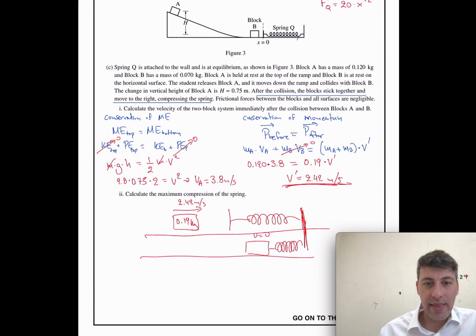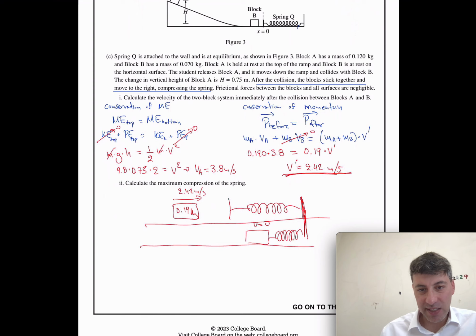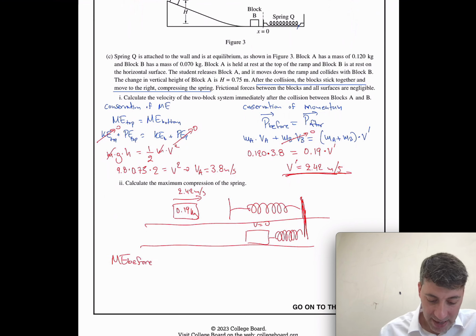So the object that is moving loses kinetic energy, and this kinetic energy becomes potential energy in the spring. So again, we can use the law of conservation of mechanical energy. Mechanical energy before is equal to mechanical energy after.